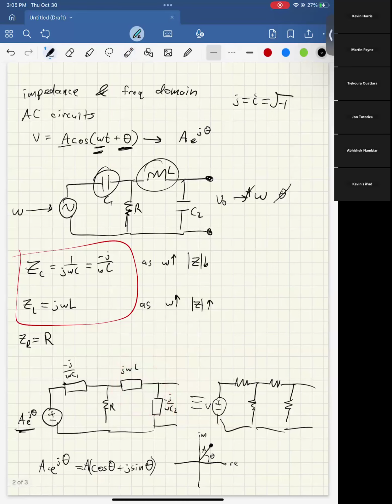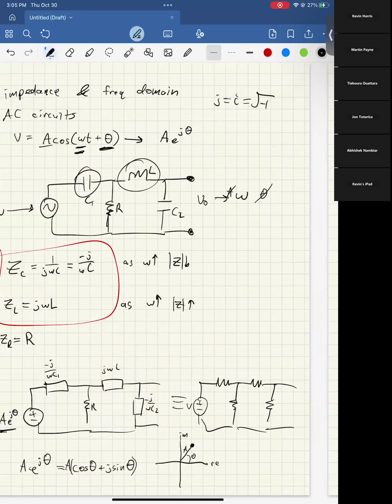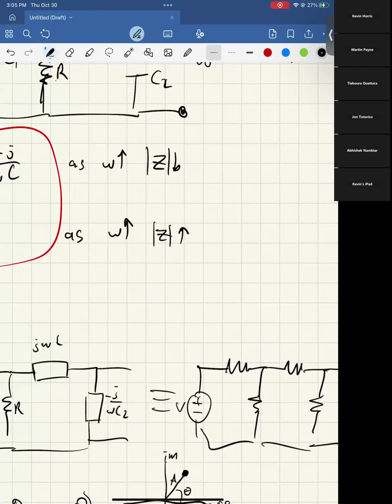Oh, and then once you do all that, let's say you end up getting some voltage out here. Let's say your V out is in the form A plus jB.